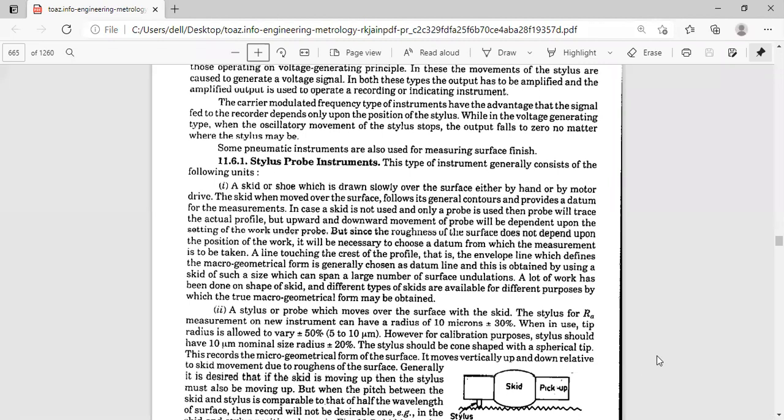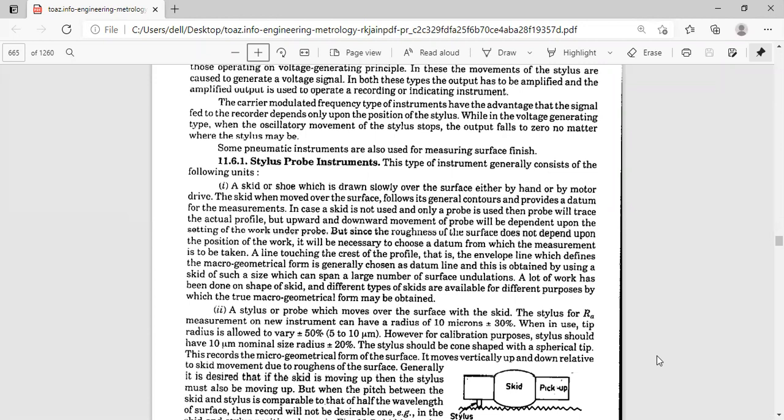You have to calibrate whatever components you are using in the direct measuring instruments from time to time. Whenever you are using it for calibration purposes, the stylus or probe should be a nominal size of 10 microns, and the tolerance you give should be plus or minus 20%.